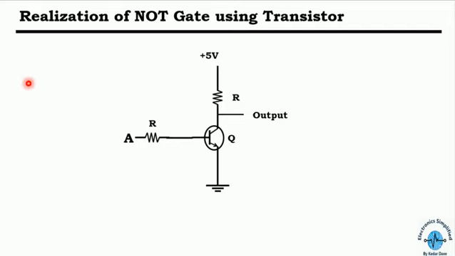That is the basic idea, and we also know that the transistor can be used as a switch in two particular regions, the saturation region and the cutoff region. Cutoff means we are setting the transistor at the off condition, and saturation means we are setting the condition to switch on the transistor.